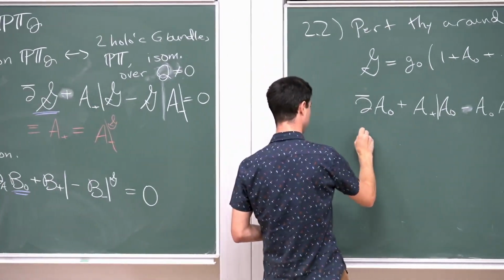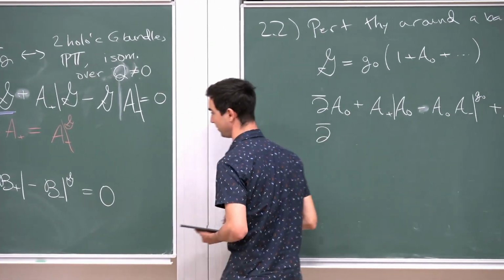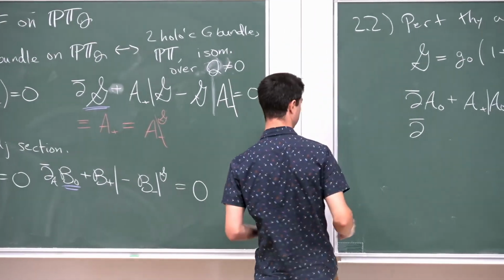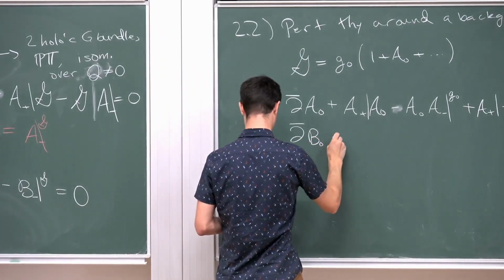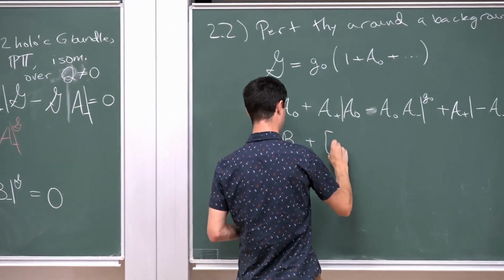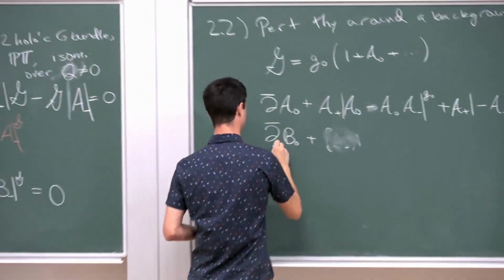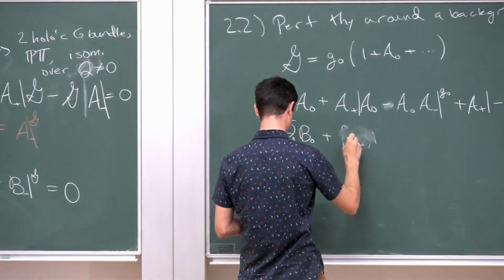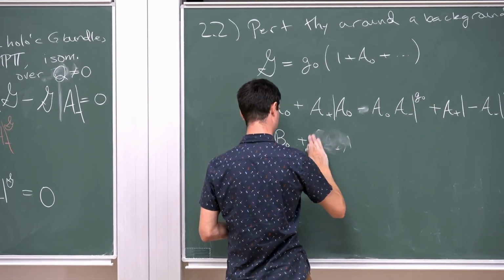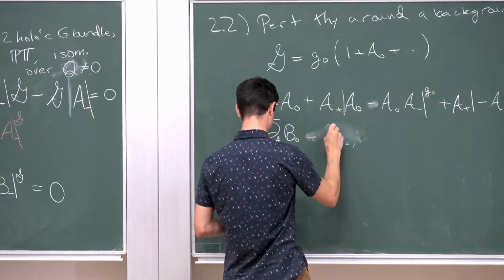And we also have to rewrite the equations of motion for B0 because it has a G in there.